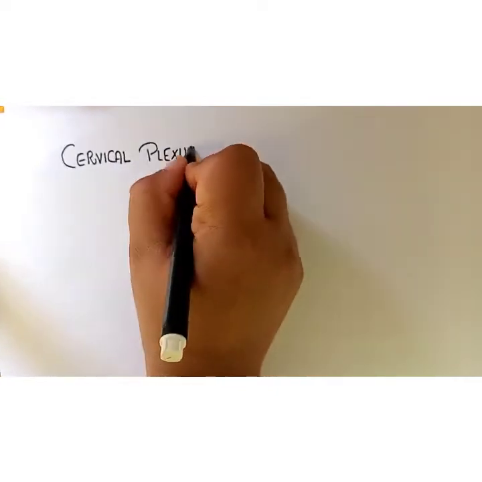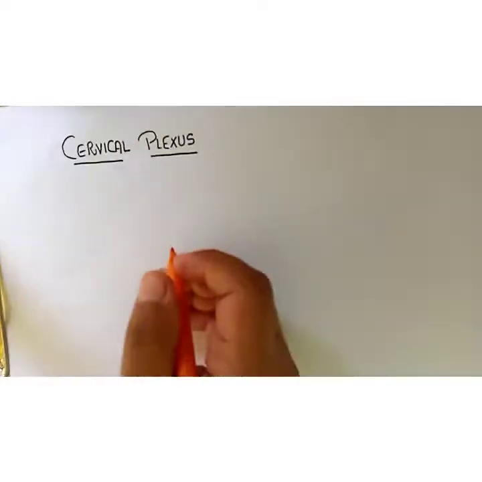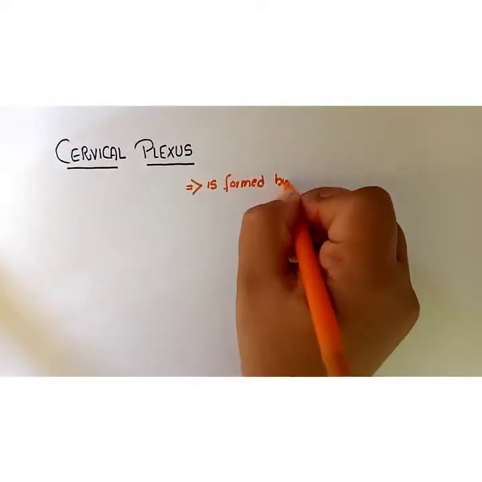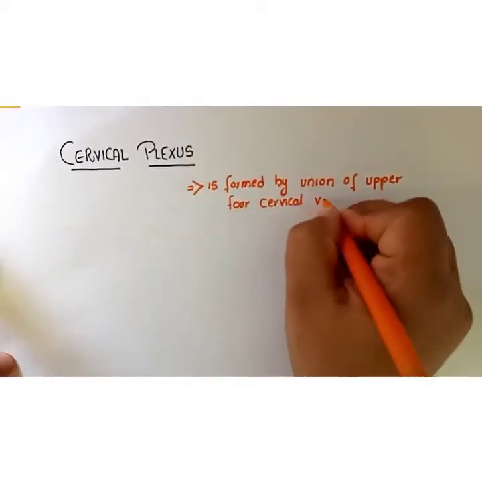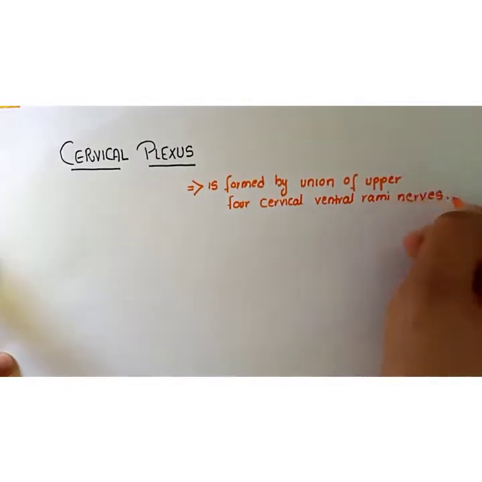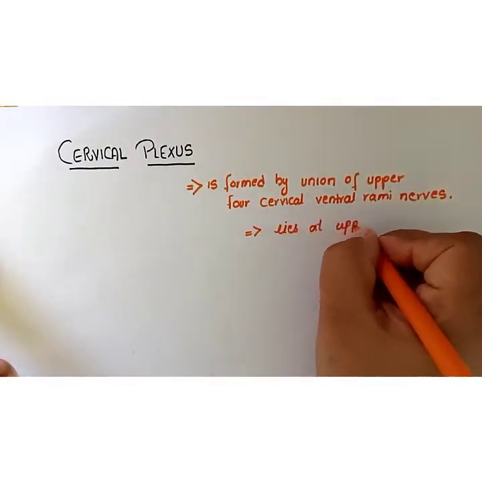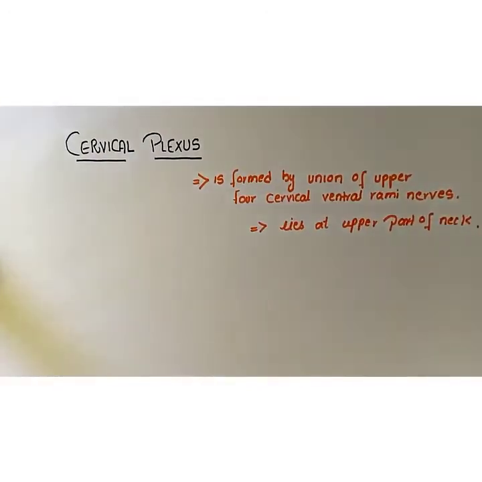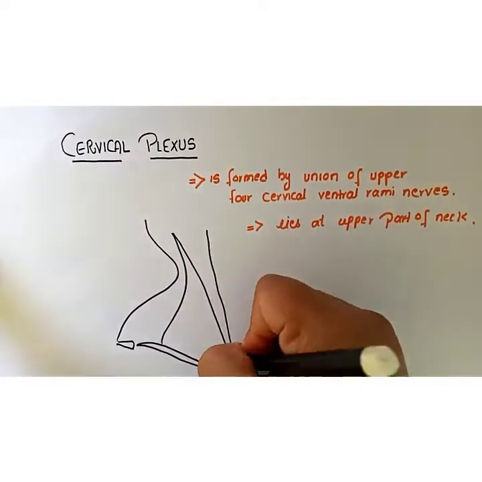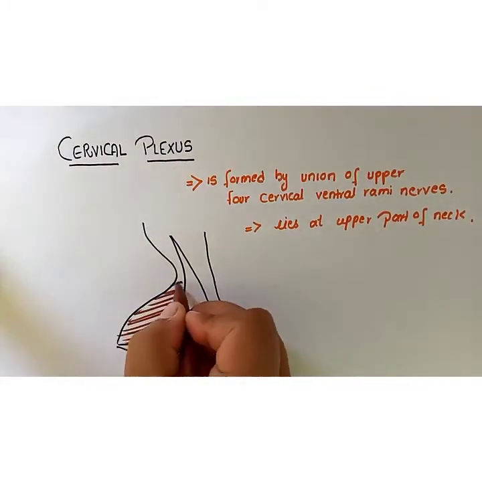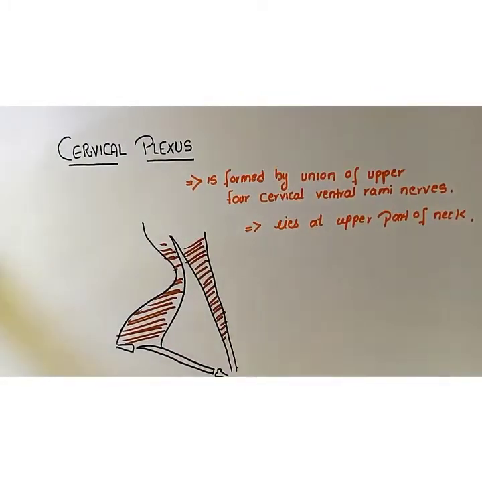Now I will explain in detail how the cervical plexus is formed, and it is formed by the union of the upper four cervical ventral rami, and it lies at the upper part of the neck. So here is the sketch of the cervical plexus, and in it I will explain the cutaneous branches of the cervical plexus.